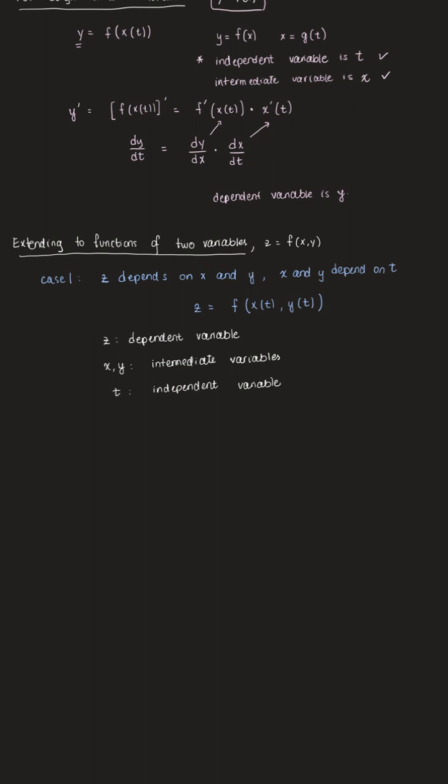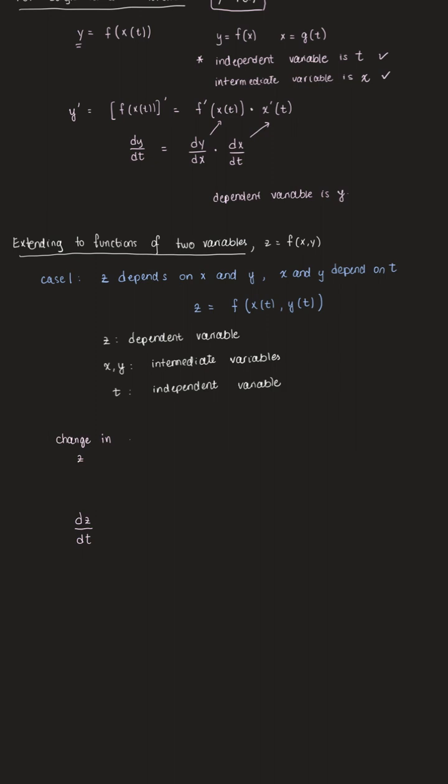And we're interested in understanding how does z change as t changes. So we want to know, where does a change in z come from as t changes? So we're really interested in the derivative of z with respect to t. Now, what drives a change in z?